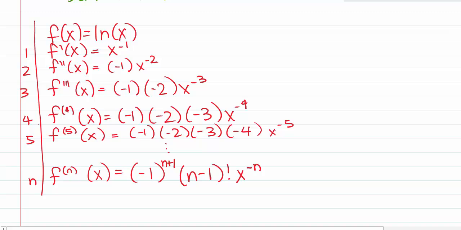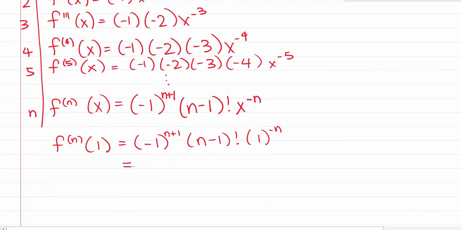So this is a general pattern for the nth derivative of ln x. And that means we can find a general pattern for the nth derivative at 1 by just plugging 1 into this. So we get negative 1 to the n plus 1 times n minus 1 factorial times 1 to the negative n, which is just negative 1 to the n plus 1 times n minus 1 factorial.